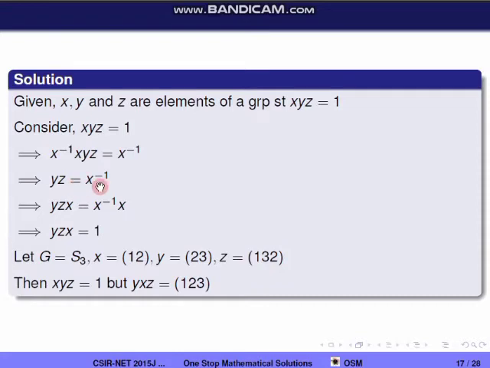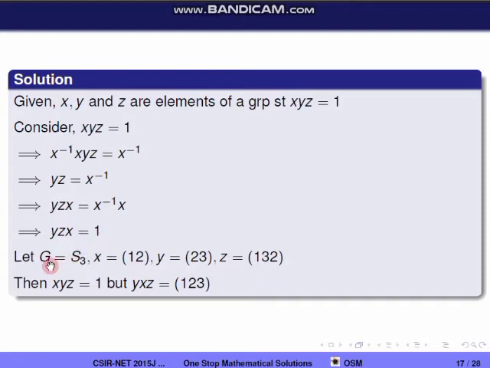Now I am post-multiplying by x, so this implies yzx is equal to x inverse x, and we know x inverse x is nothing but the identity 1. So this implies yzx is equal to 1. But yxz is not equal to 1. So I am using an example here.